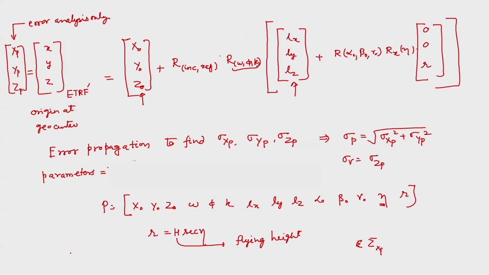Sigma xp, yp, zp is equal to A times sigma of all these 14 parameters, starting from x0, y0 to R, into A transpose. So, what is the A matrix? A is the Jacobian matrix. So, A is given by dou xp by dou x0, dou xp by dou y0, dou xp by dou z0, and now I write these terms with respect to all 14 parameters.